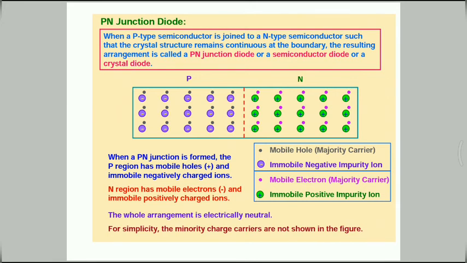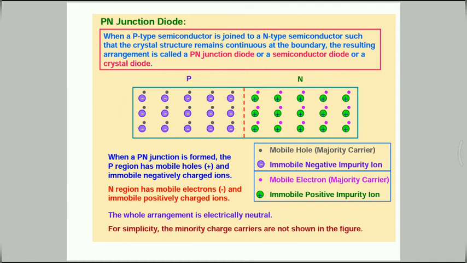Thus, near the junction, positive charge is built on the N side and negative charge on the P side. Electron diffusion and hole diffusion, with electron drift and hole drift, take place in the PN junction formation process.